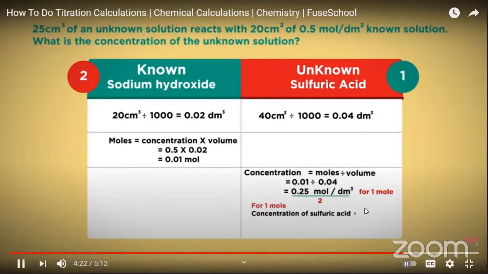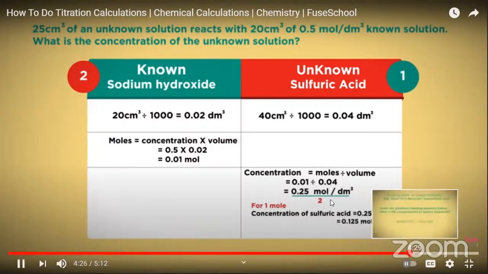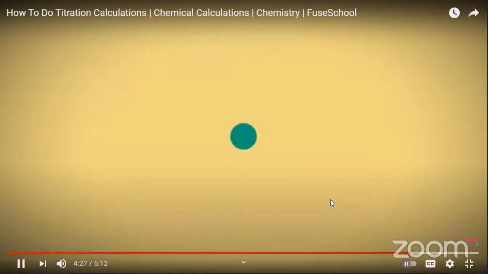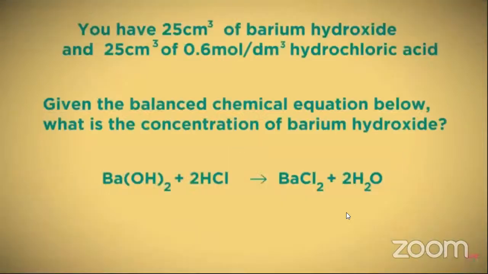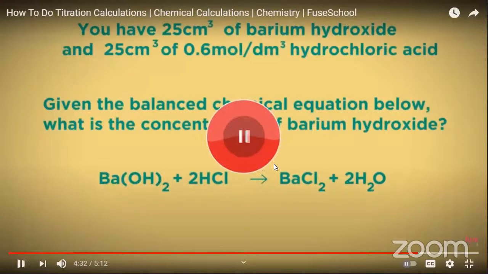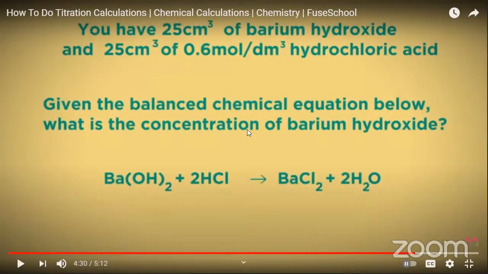Okay. So 0.25 divided by 2 is 0.125. Now here's a question you can try out on your own. Pause the video. Okay. So try out this question and see. Just write it down and then you'll try it out and let me know what the answer is.